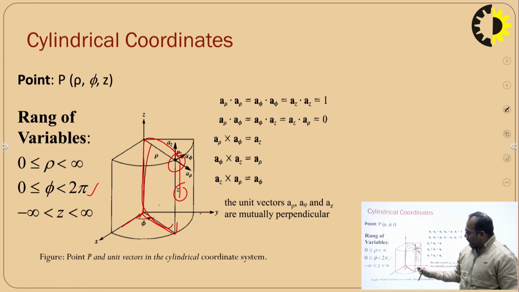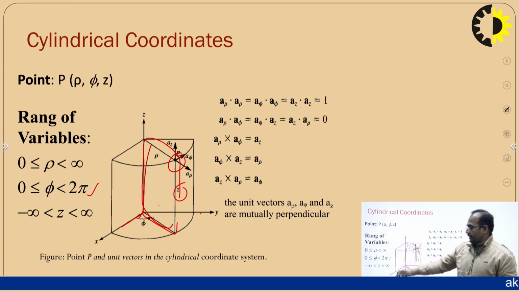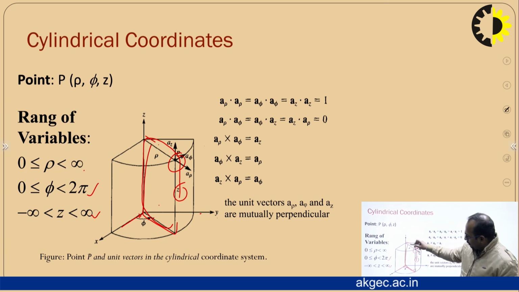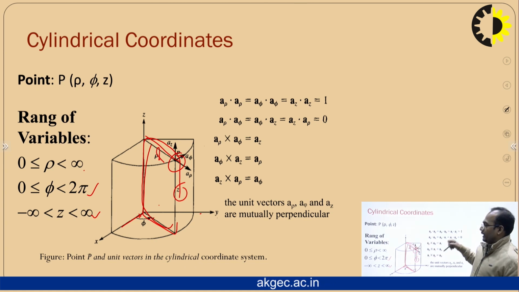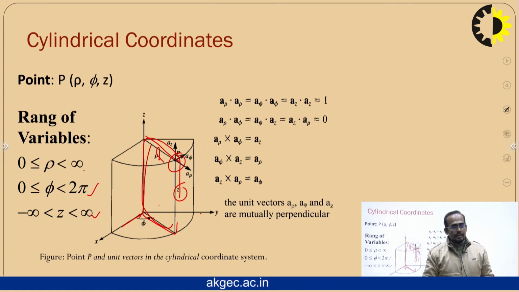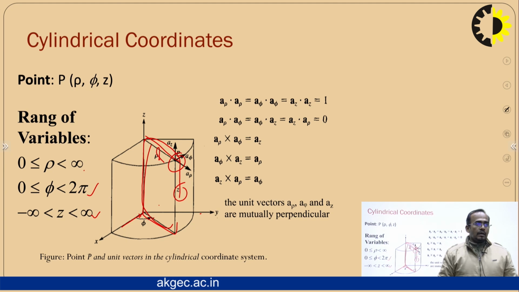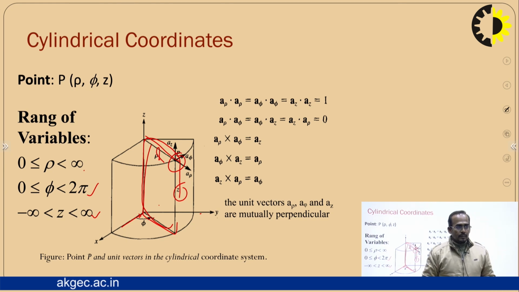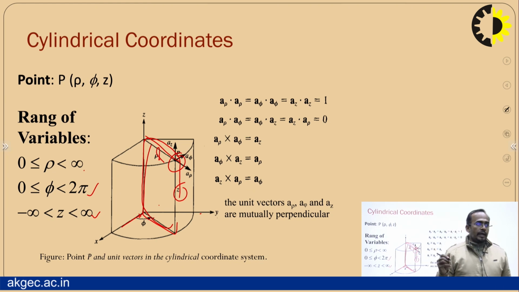The height will vary from minus infinity to plus infinity. And what about rho? Rho is the radius, as you can see here. So rho can vary from 0 to infinity. This is the way you can get the range of these variables.